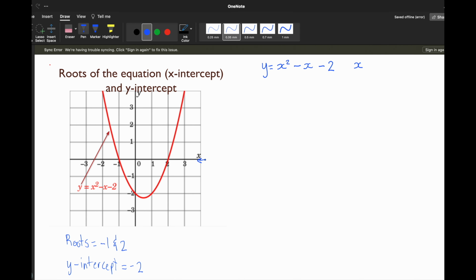So if this equation is equal to 0, then I could use that to find the values of x. So x squared minus x minus 2 equals 0, meaning I want to find the value of x on this x-axis for this particular graph.